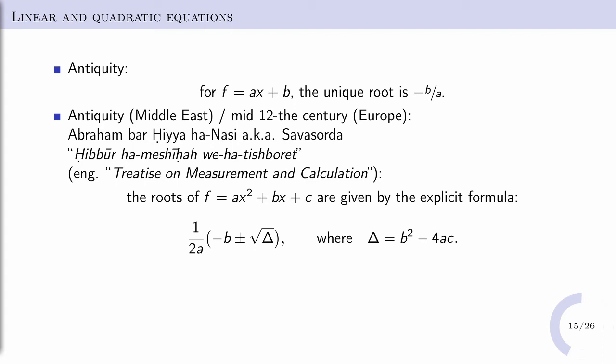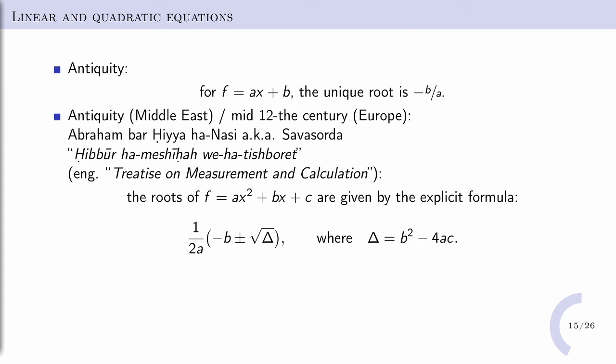The second step is to consider quadratic polynomials, so polynomials of the form ax squared plus bx plus c. And here again we have an explicit formula, and it is a formula that most of us learn at secondary school.